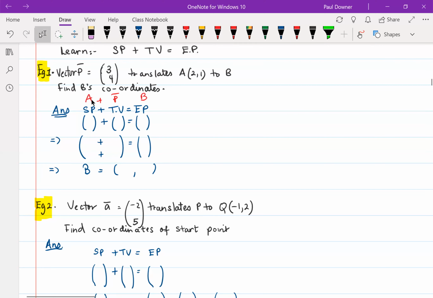All right, let's see what we could put in. A, which we know is 2, 1, we could put in 2, 1 here. Now notice I changed the format from a coordinate format for a point, which is horizontal, to a vertical format, which would represent the components of a vector.